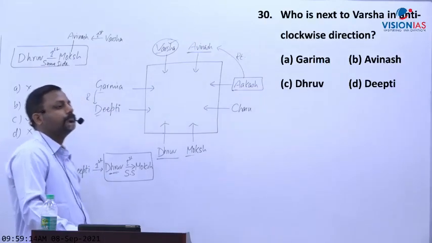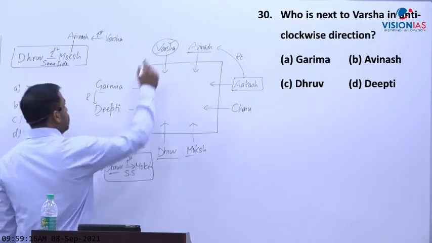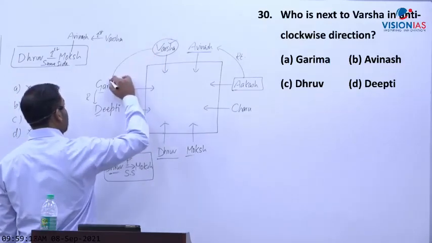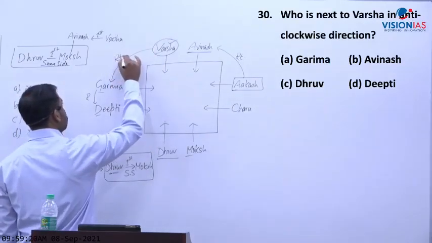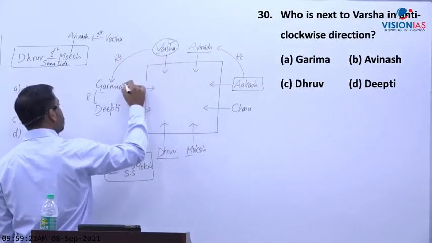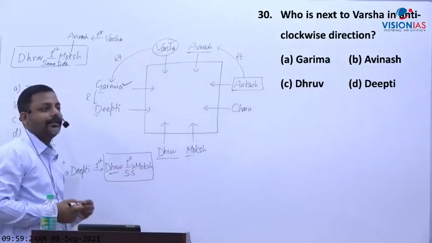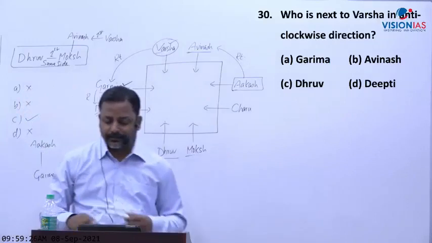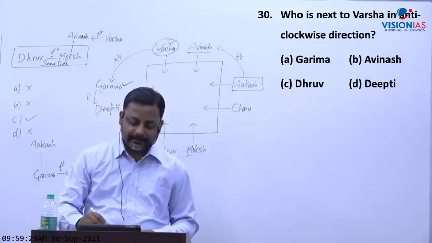Yeah, right hand side should be in the anti-clockwise direction. So towards right of Varsha, Garima is there. So the answer is Garima.